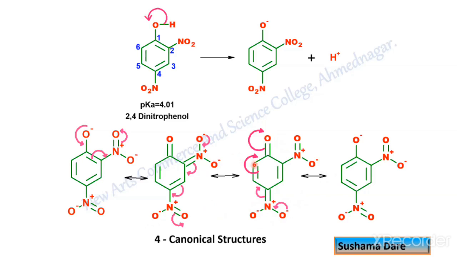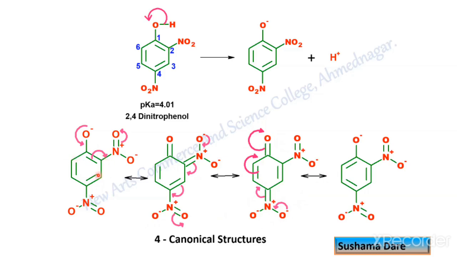Here, I am not showing the carbon carrying the negative charge, but we can show those resonating structures also. We can stop the resonance at the ortho position and at the para position. So two ortho positions can carry negative charge, and one para position carries a negative charge.